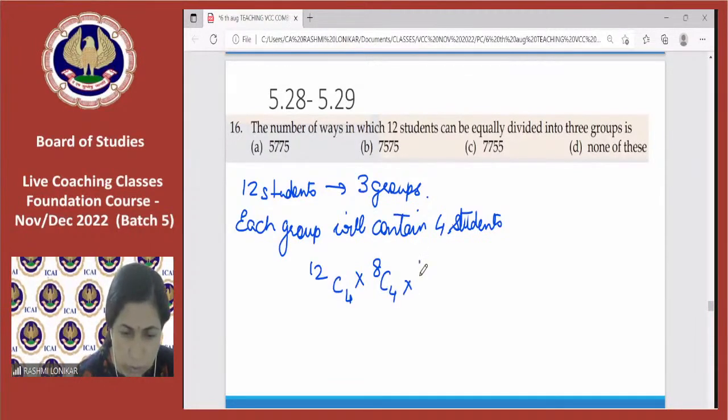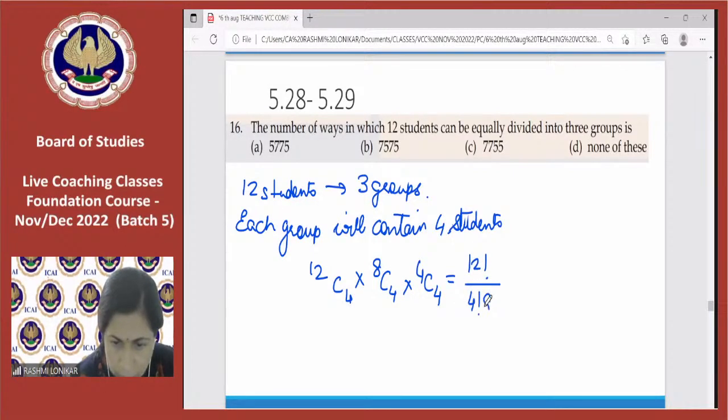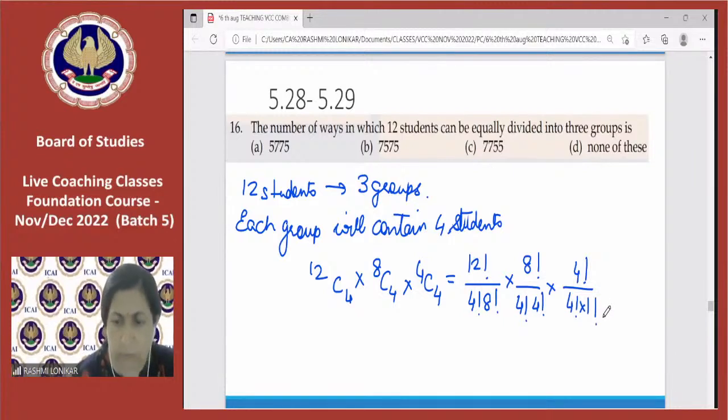So 4C4. Okay. So let me solve this for you. So this is 12 factorial upon 4 factorial into 8 factorial, into 8 factorial upon 4 factorial into 4 factorial, into 4 factorial upon 4 factorial into 0 factorial.